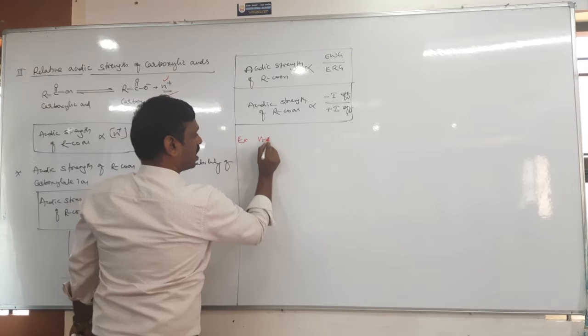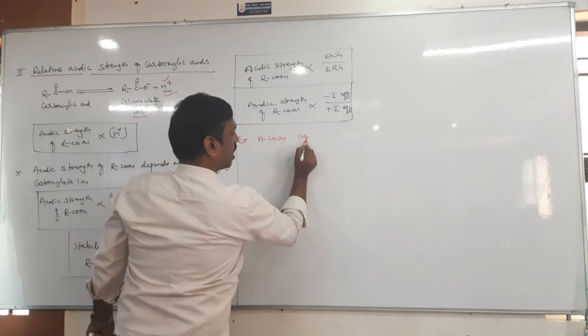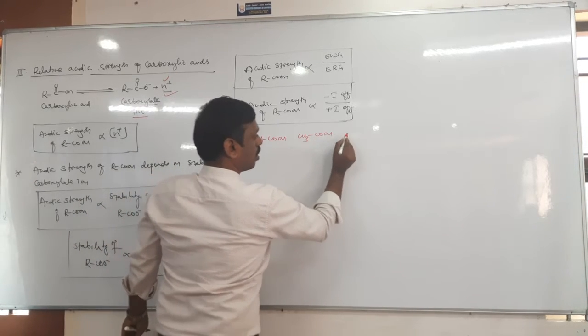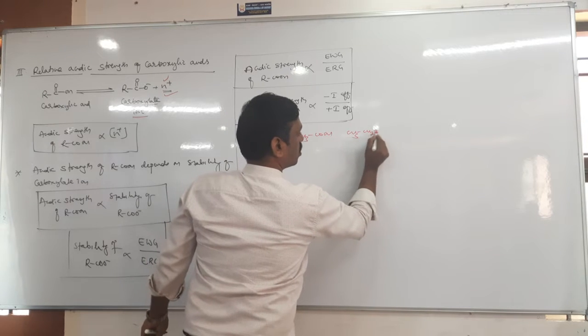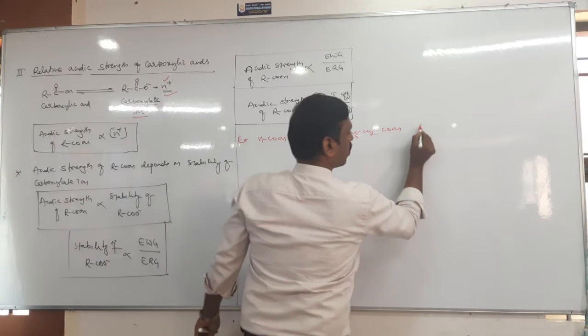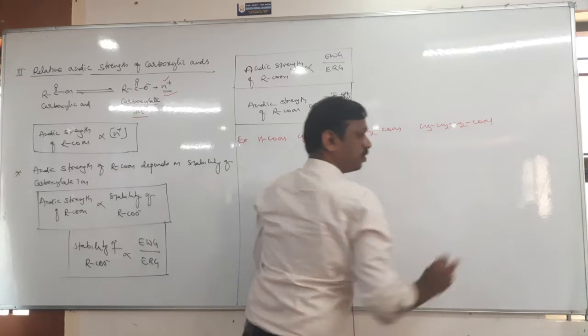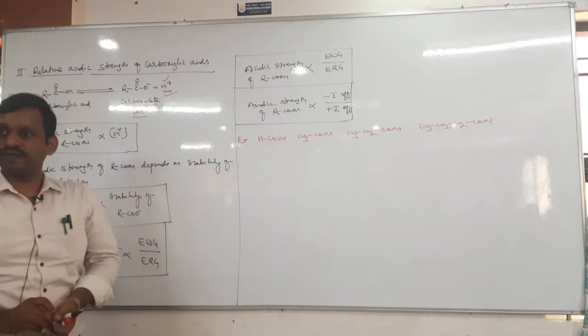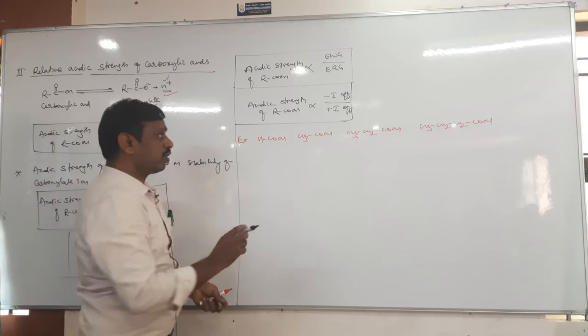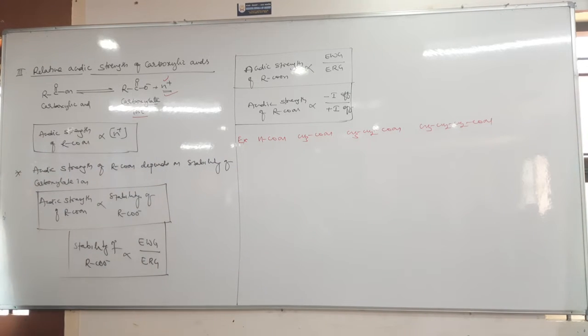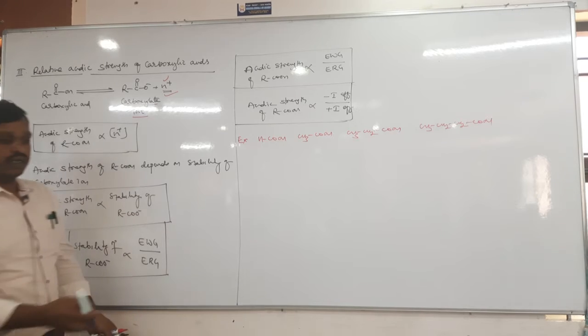Let us take formic acid, acetic acid, propanoic acid, butanoic acid, etc. Which of the following is more acidic and why? Then you need to identify which group is present.